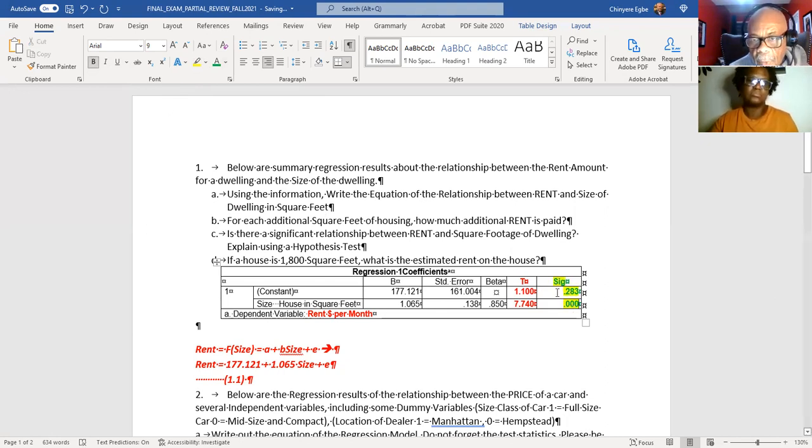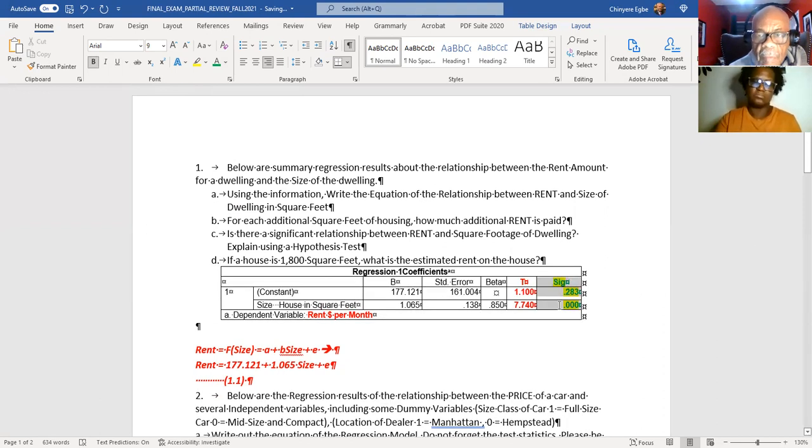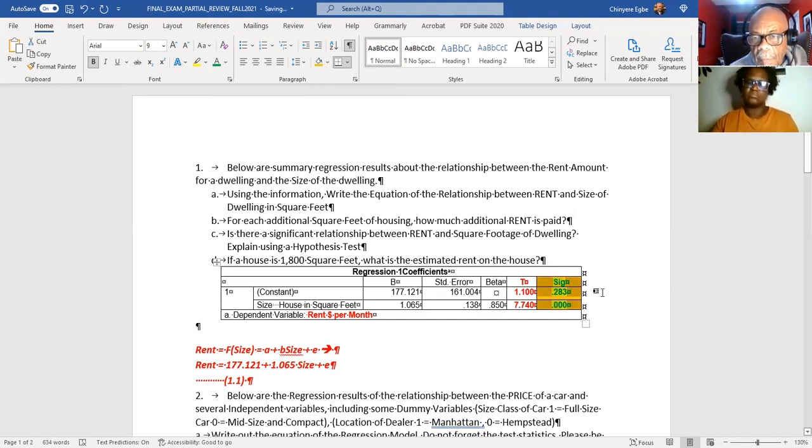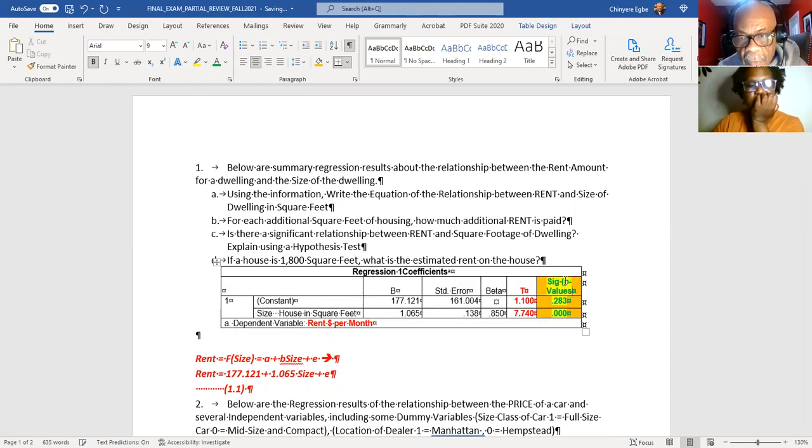I'm going to paint it differently. So those are the p-values, the p-values that enable you to test for significance.